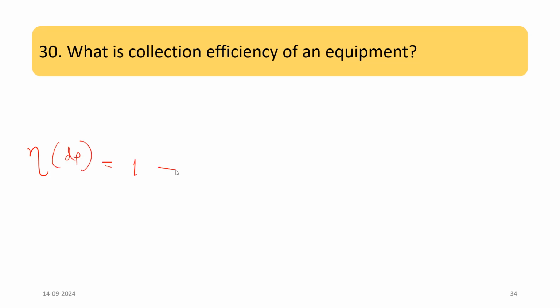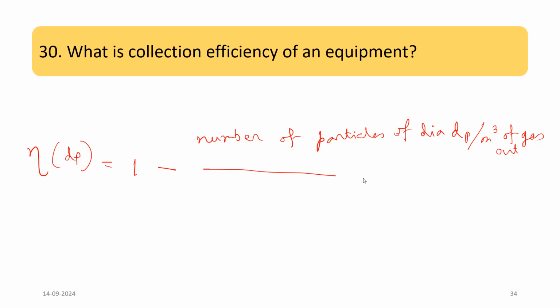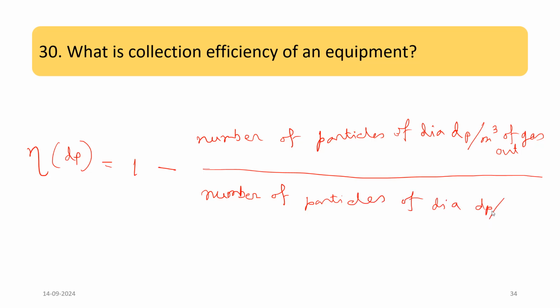It is 1 minus the number of particles of diameter dp per meter cube of gas out, divided by the number of particles of diameter dp per meter cube of gas in.